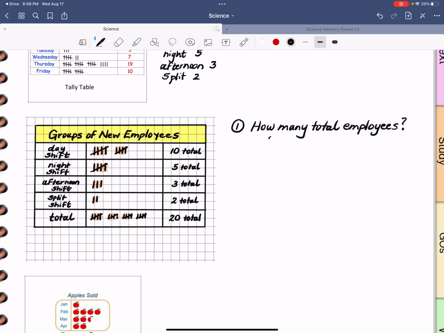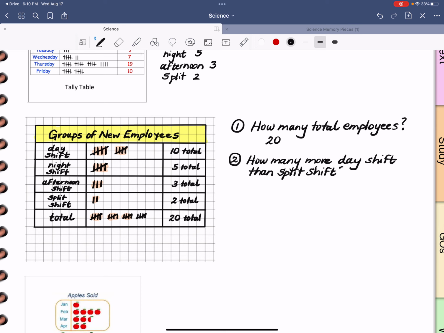Another question that you might see would be this. How many more, which means subtract, how many more day shift than, that's another word that means subtract, than split shift.